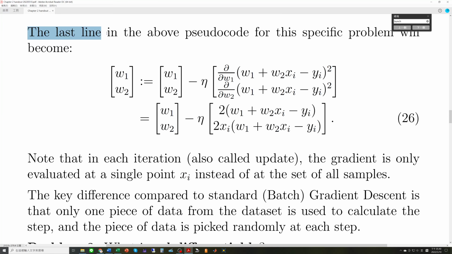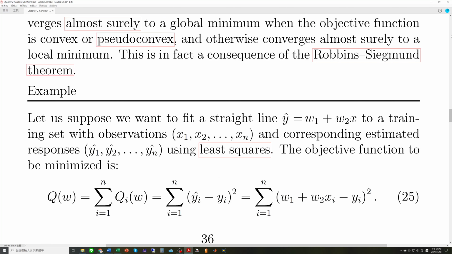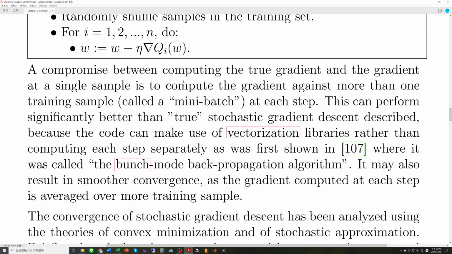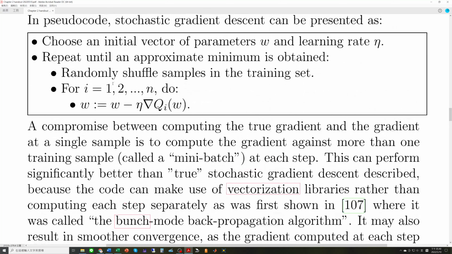Okay, the last line in the above pseudocode for this specific problem will become the following. Let us go back to the pseudocode and see the last line again. The last line is to compute w minus eta times the gradient of Qi of w and update the value of w.